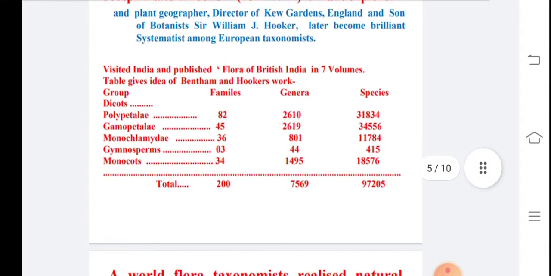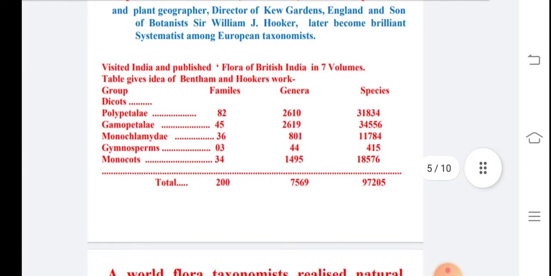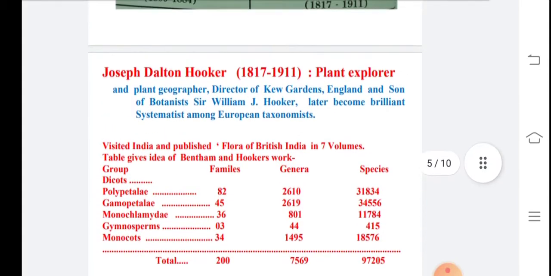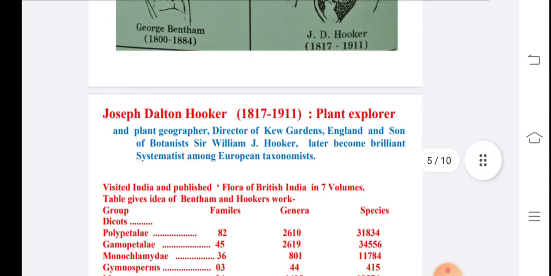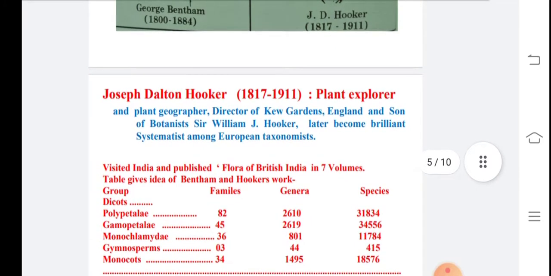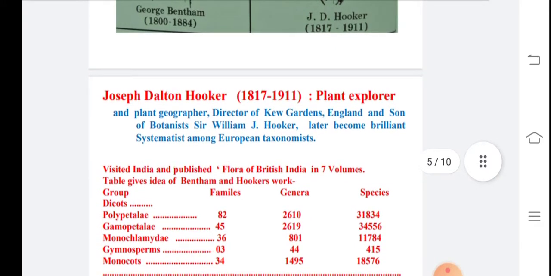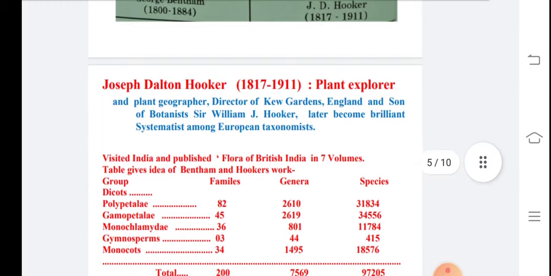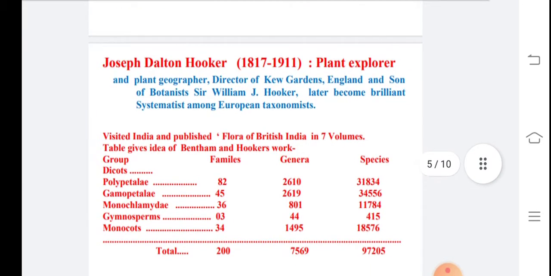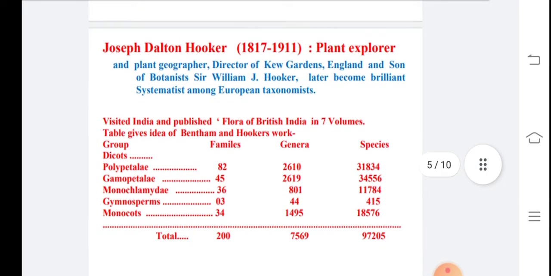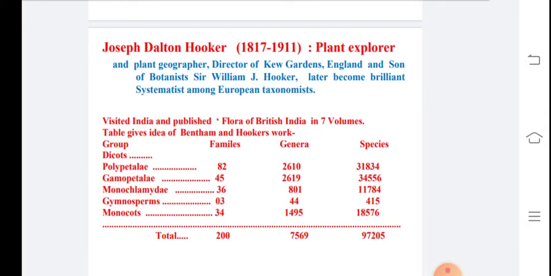They visited India and published the Flora of British India in 7 volumes. We know we became independent in 1947, but before that, in Hooker's period, 1817 to 1911, they were in India and studied the Flora of British India in 7 volumes. The table idea of Bentham and Hooker's work: the dicots under polypetalae, gamopetalae, monochlamydeae.